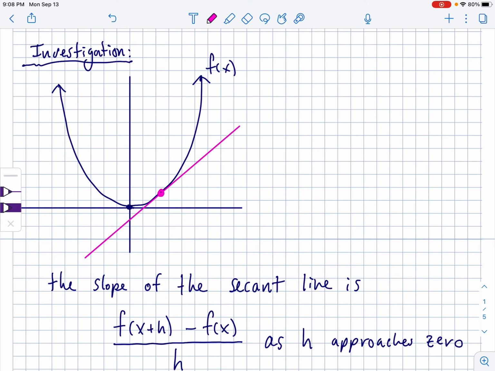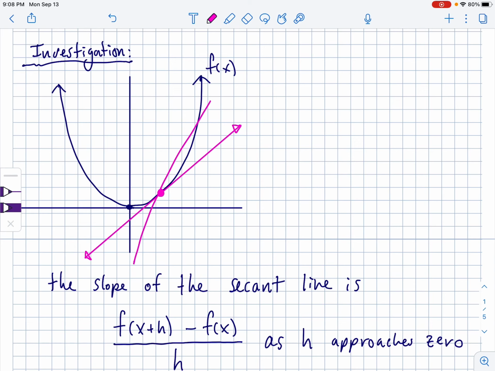So let's say you have a tangent that just touches at one spot on the curve. You can't find the slope of that tangent line with only just 1 point. To find slope, you need 2 coordinates to do your y2 minus y1 over x2 minus x1. So the strategy with a lot of this calculus stuff is to take a secant.